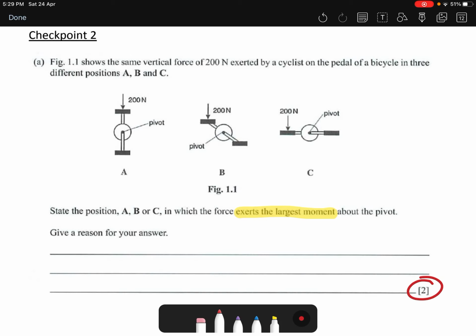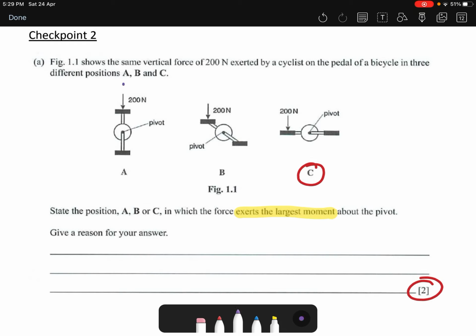Definitely the largest moment is C, right? Why is it C? The forces exerted are the same, just that the perpendicular distance is different for each scenario. Let's take a look at scenario A. We have a pivot here.